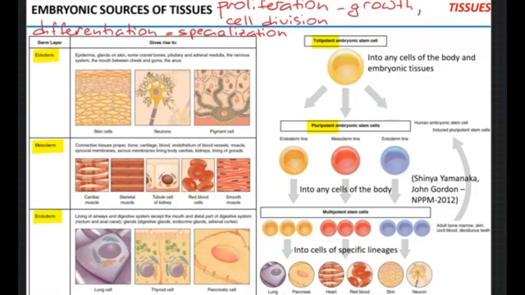Cells of each layer can develop into a certain set of organs. Now, these organs are many. The ones that I want you to understand and remember and be able to answer the related question on the exam are as follows: two organ systems per embryonic tissue.